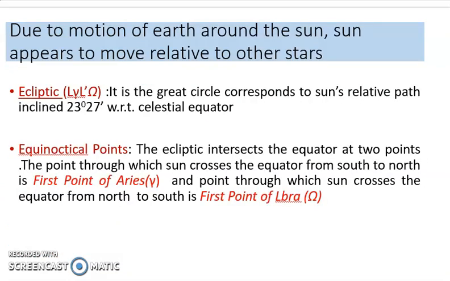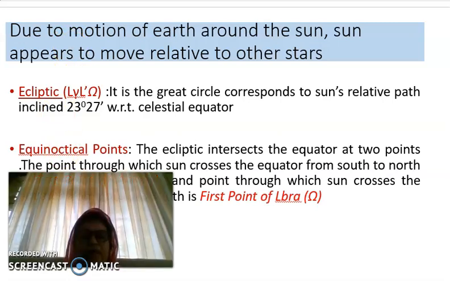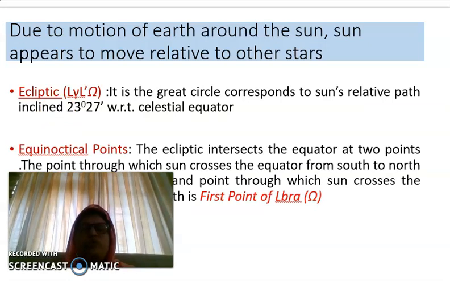Now we have 2 more points, corresponding to the motion of the Sun. As we know, Earth is revolving around the Sun.